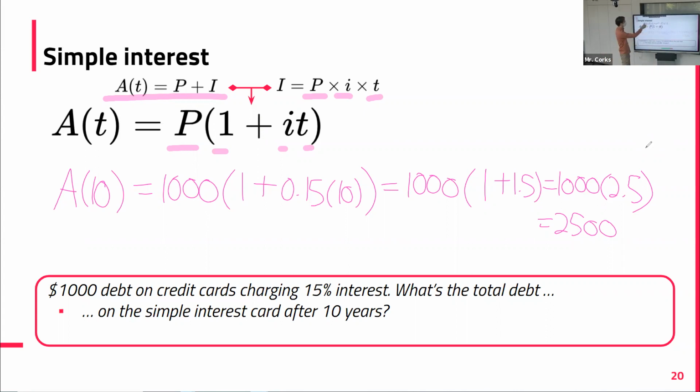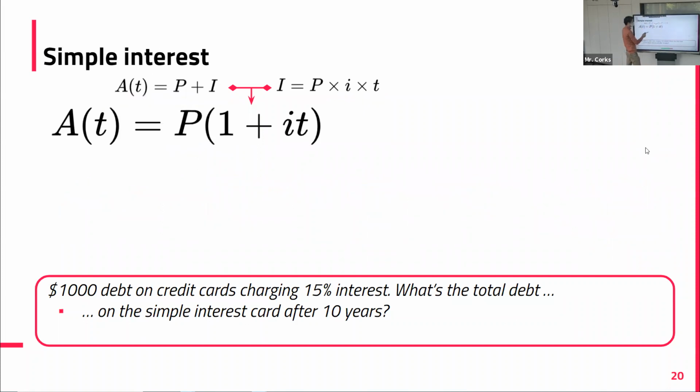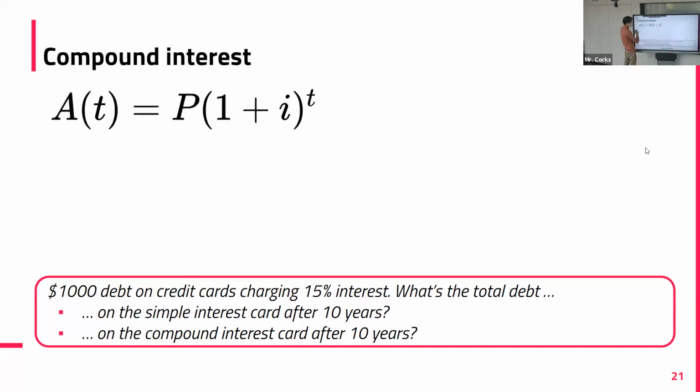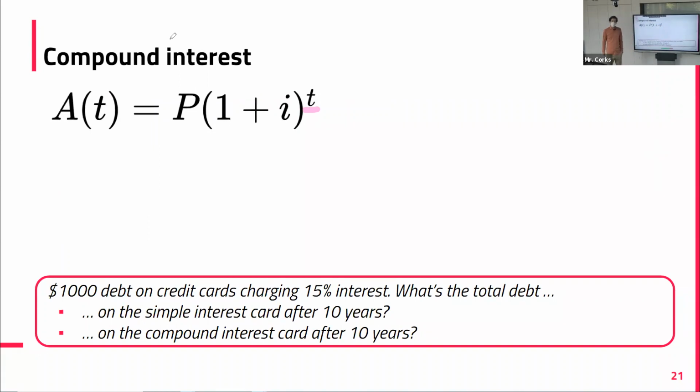All right, so that's the simple interest formula. And the other type, so take a careful look at this formula and now this one. What's different? The t. So the t is now an exponent and it is outside the brackets, not inside the brackets.